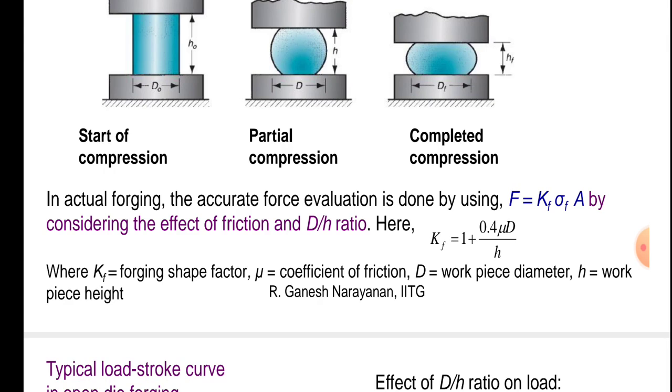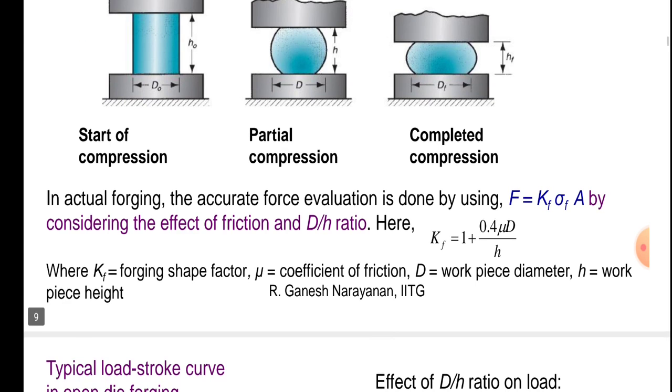Here the formula is given: Kf is equal to 1 plus 0.4 mu d upon h, where Kf is the forging shape factor, mu is the coefficient of friction, d is the workpiece diameter, and h is the workpiece height.